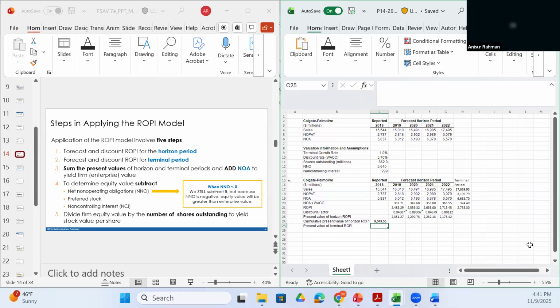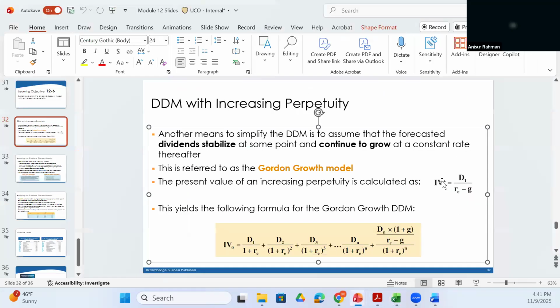So what we have to do, I will take this ROPI, divide by, open parenthesis, our discount rate minus our terminal period growth rate, right? So I applied this formula.